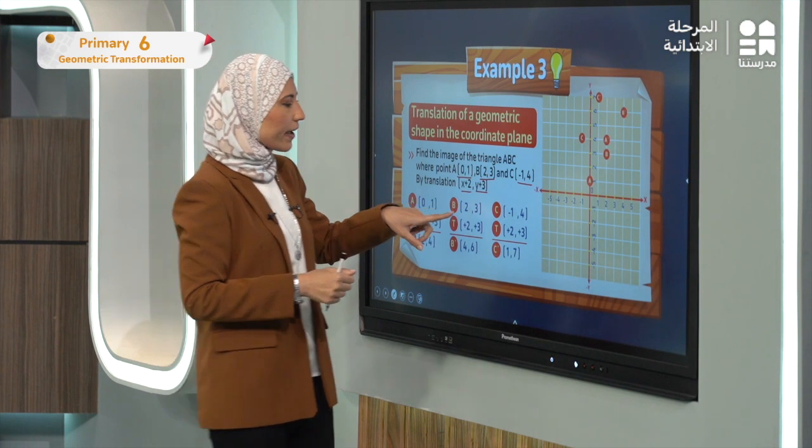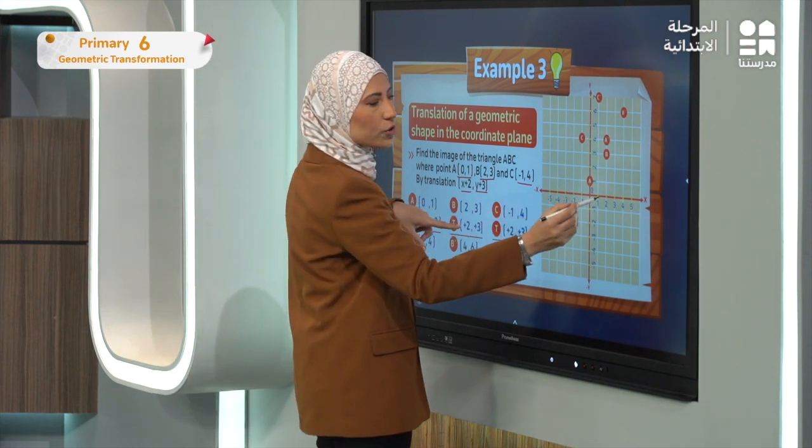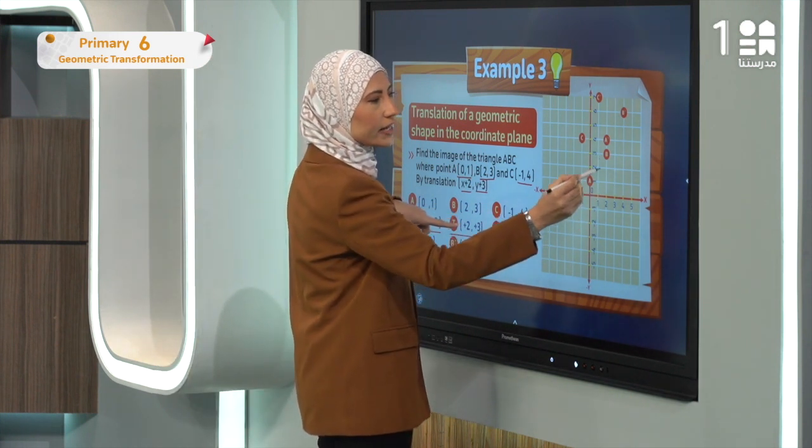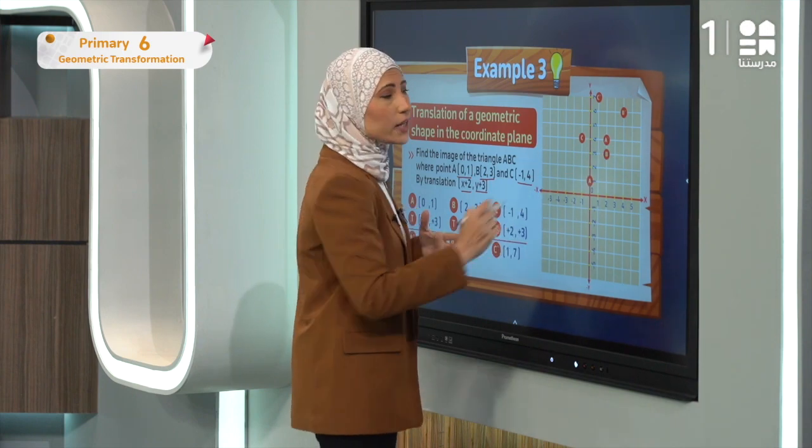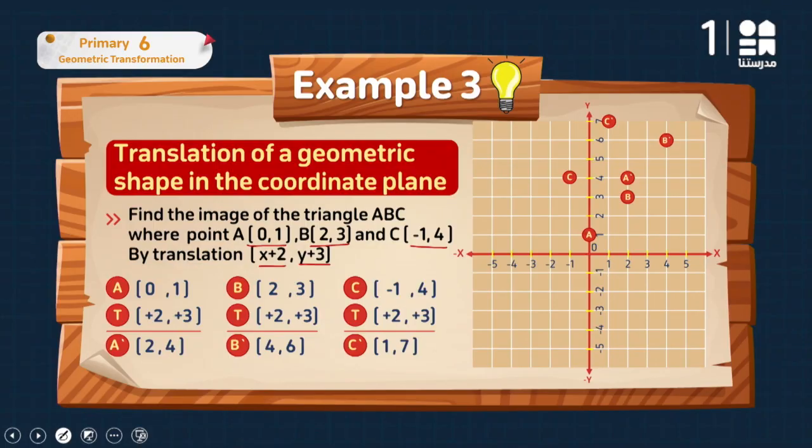And point B, I have 2 and 3. So I will go 2 in X and get up 3 to the Y. طيب الإيمج بتاعتي كانت طلعت لي كام؟ B dash 4 and 6. So 4 and 6. So this is my B dash. طيب C, الpoint C, I have negative 1 and 4.